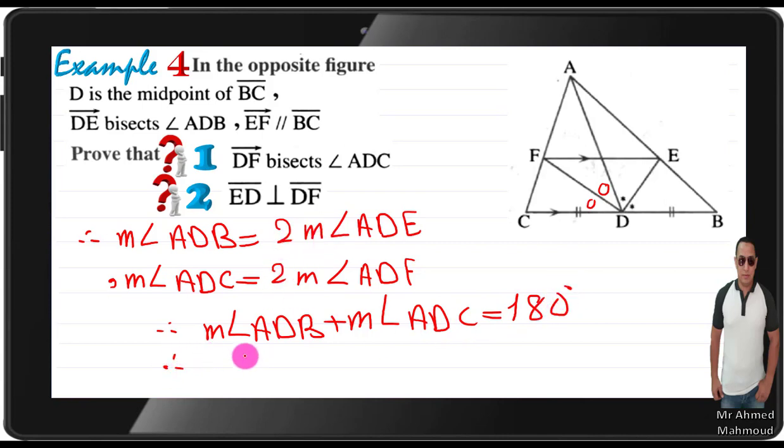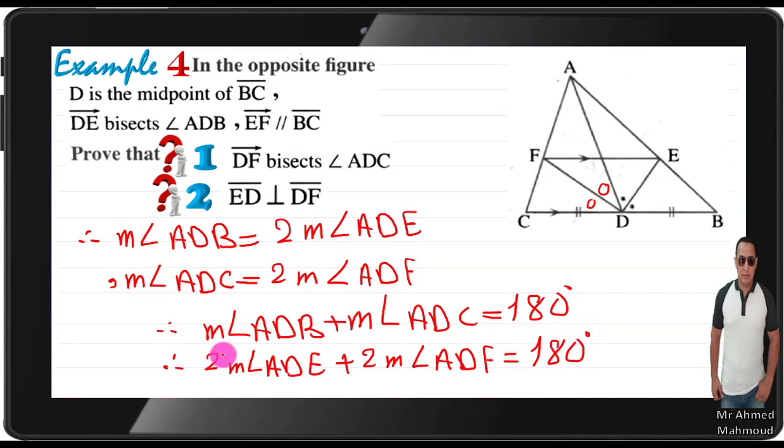Therefore 2 times angle ADE plus 2 times angle ADF equals 180. By dividing the whole equation by 2, the measure of angle ADE plus the measure of angle ADF equals 90.